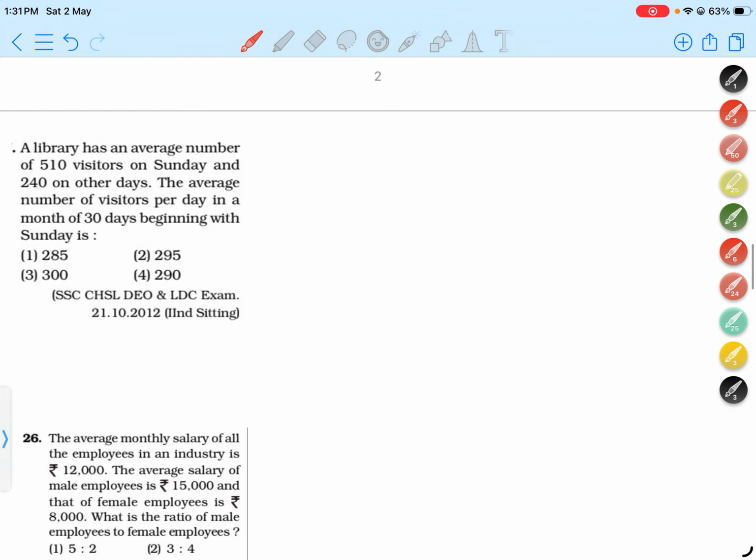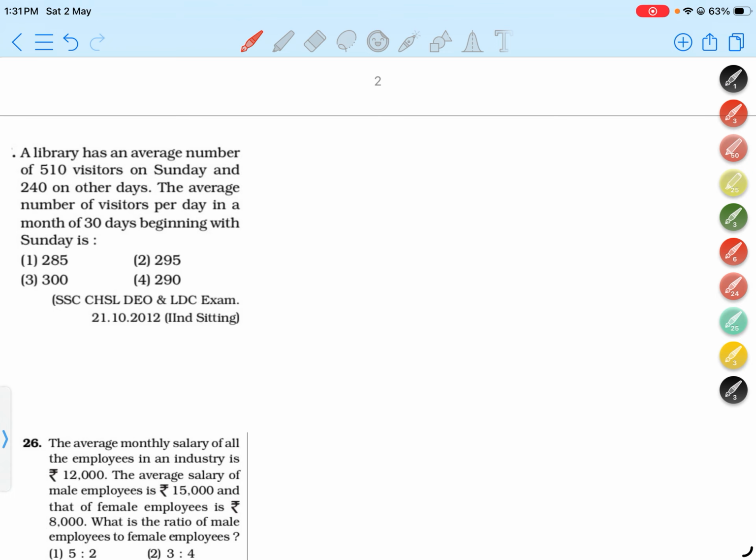We need to find the average number of visitors visiting the library in a month, given that on each Sunday 510 visitors visit, and from Monday to Saturday the average is 240.